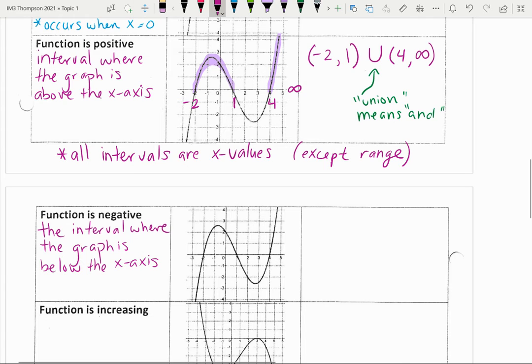Increasing is going to be when y is increasing and x is increasing.